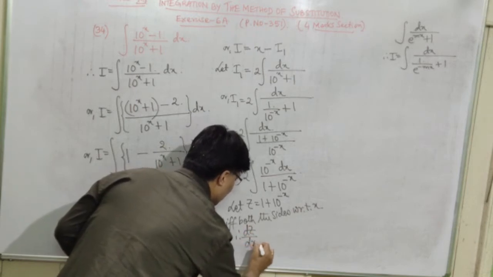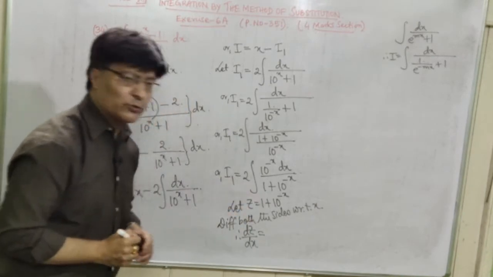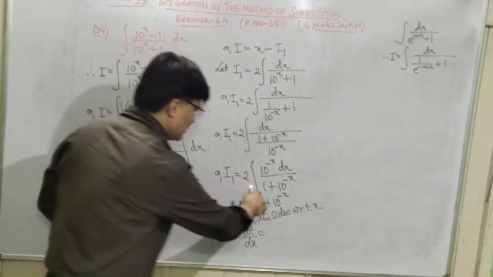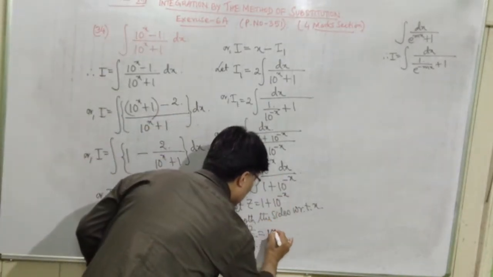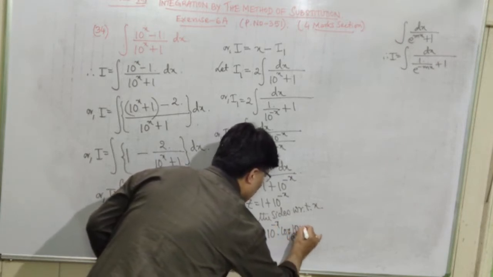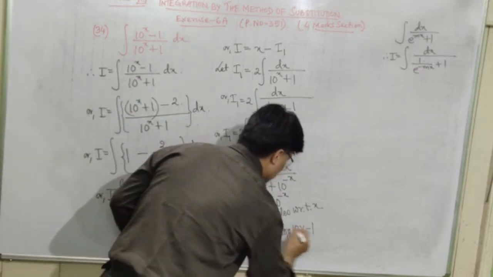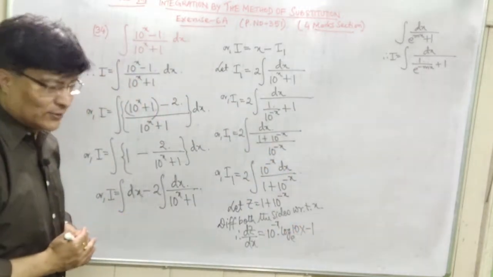So what do we get? That is dz by dx is equal to, differentiation of 1 with respect to x is 0. And what is the differentiation of 10 to the power minus x? It is 10 to the power minus x into log 10 base e into, again differentiate minus x with respect to x, which is minus 1. Okay?